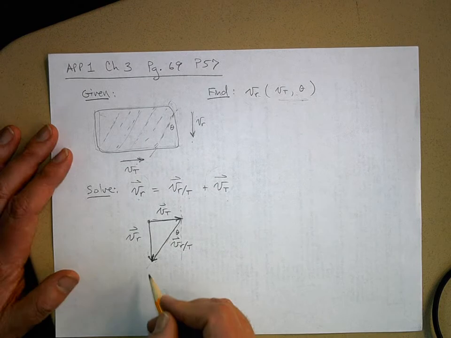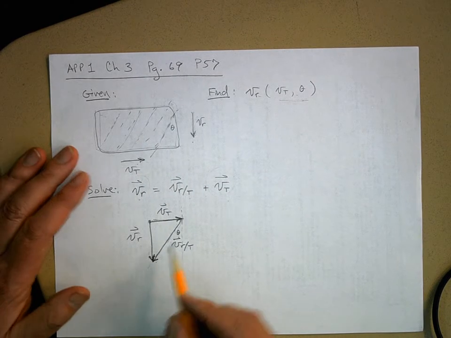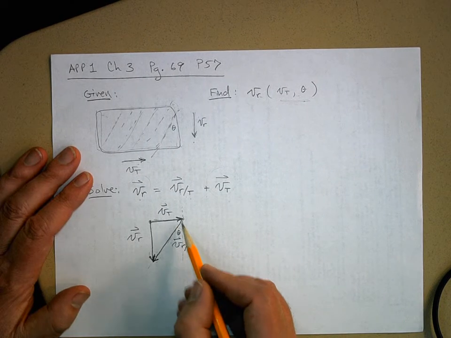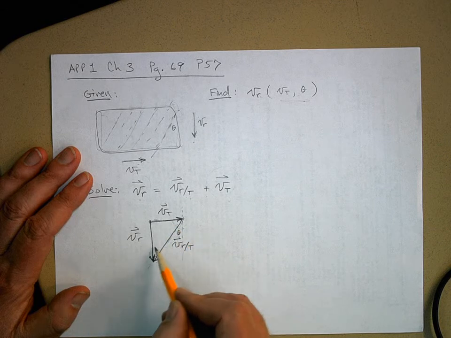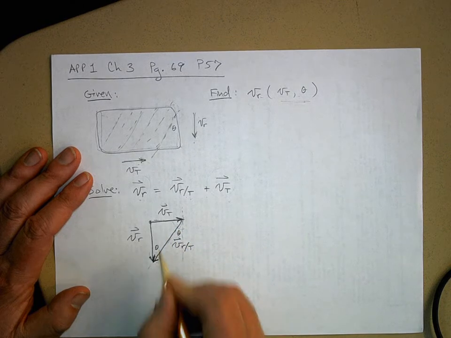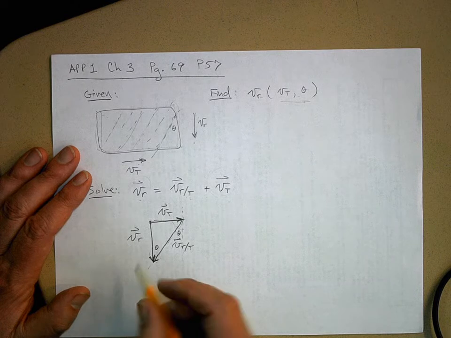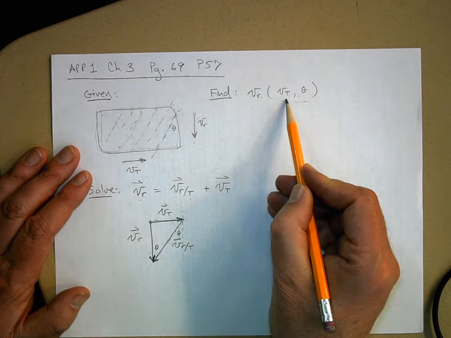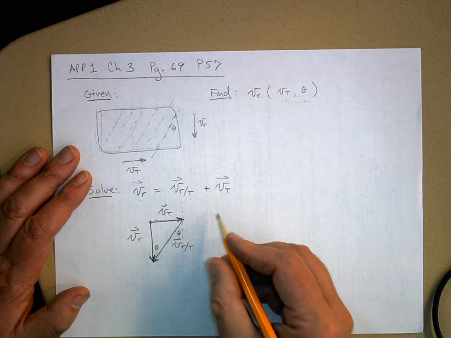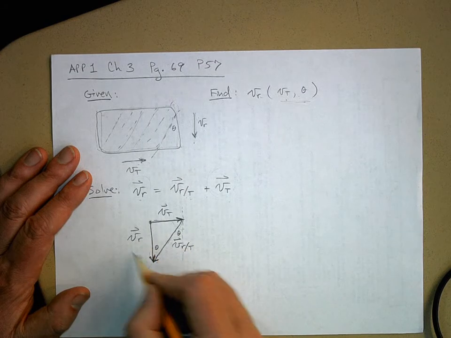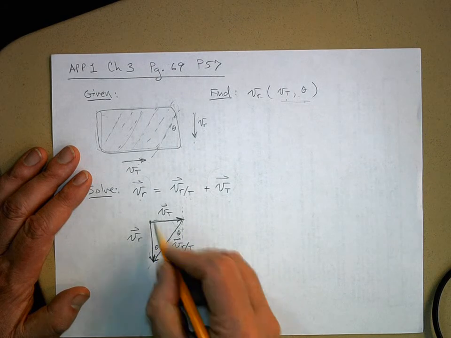All right. Now, if this is theta over here, this is 90 minus theta, but this also has to be theta right here. And I want it in terms of the velocity of the train and theta. So I don't really care about this hypotenuse, but I do want this.